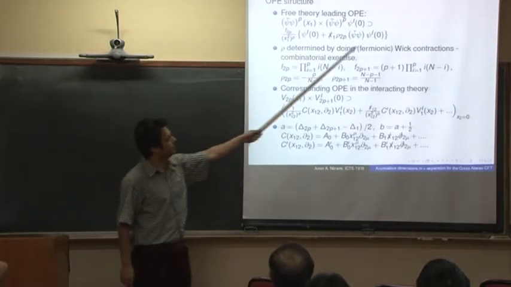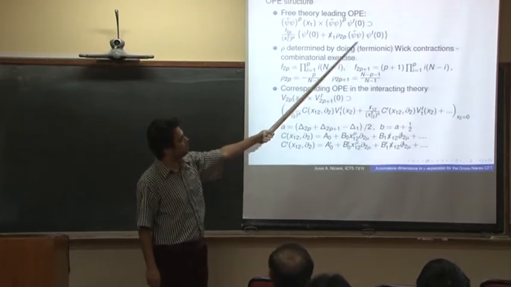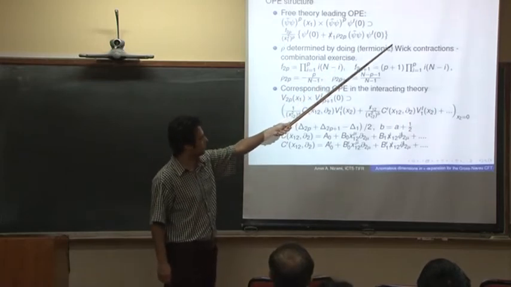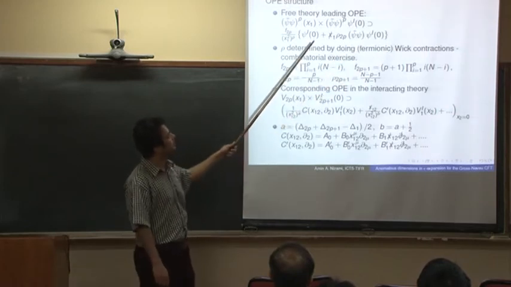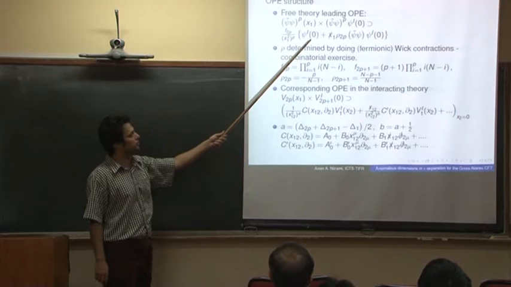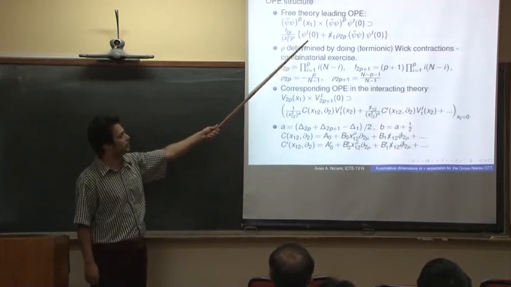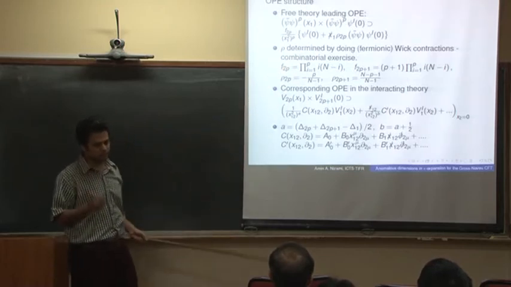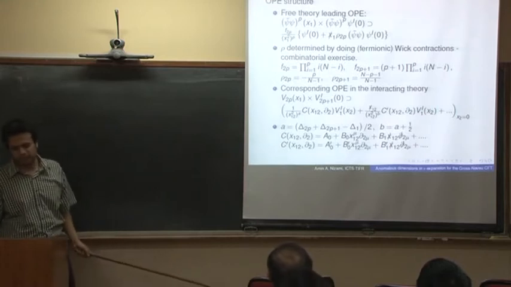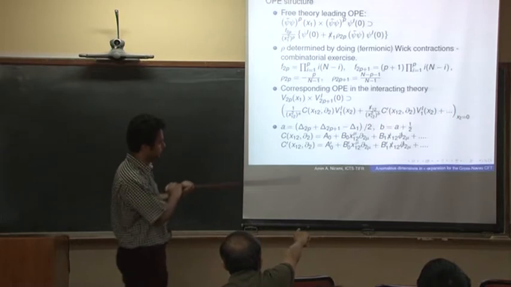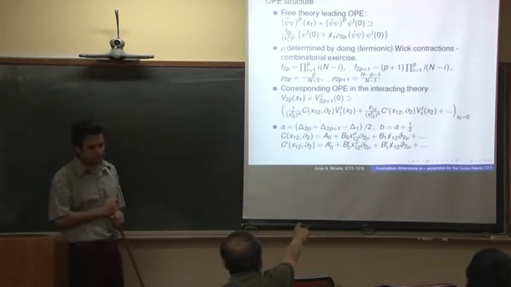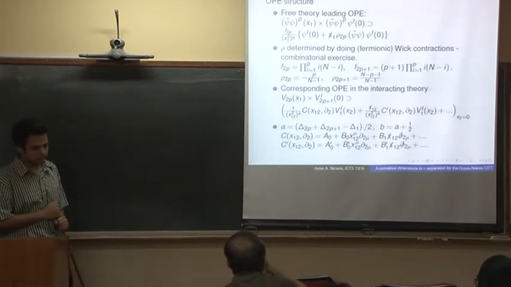Now remember, these are primaries, so the overlap of this with the additional psi would just be 0, because they're different primaries. And this will give you some structure, which will be like x slash, because the 2-point function of two fermions is like x slash, times a constant. So you're saying C prime has to be 0, and C will do the job. So let's see how it does the job.